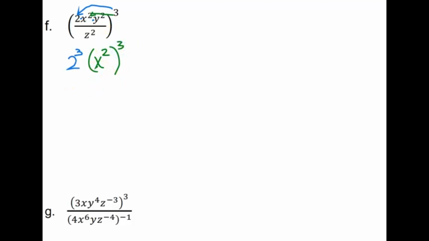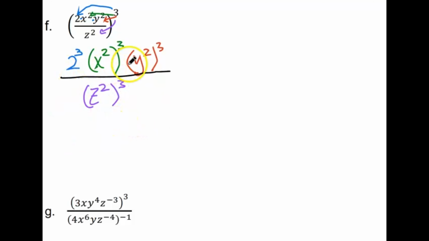Now we need to also give that power to the y. So I have y squared all raised to the third power. And then this is going to be all in the numerator, and then we've got the z squared that also needs a power of 3. So z squared raised to the third power.